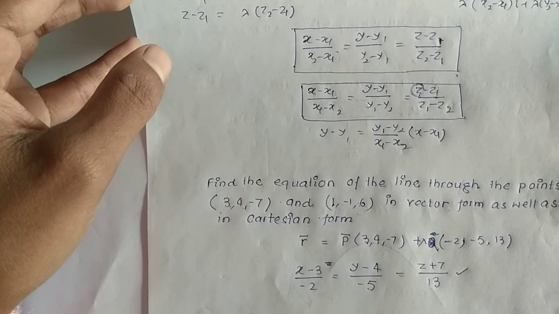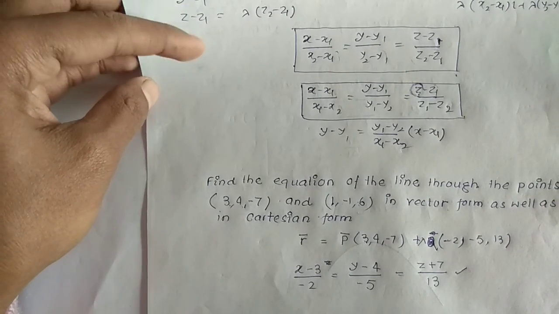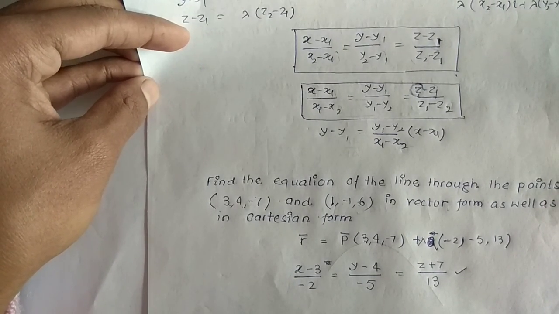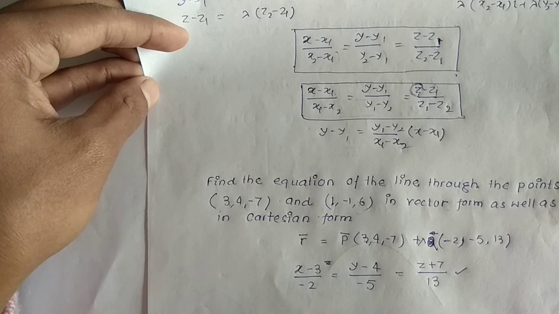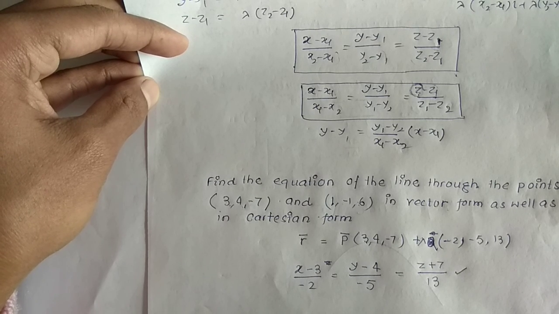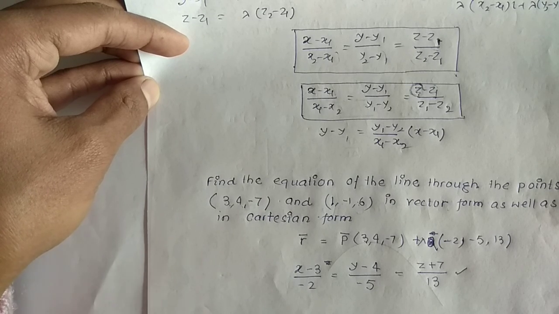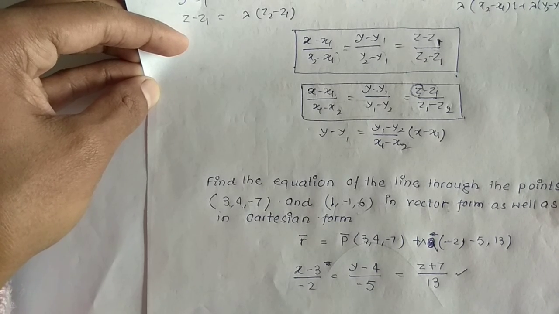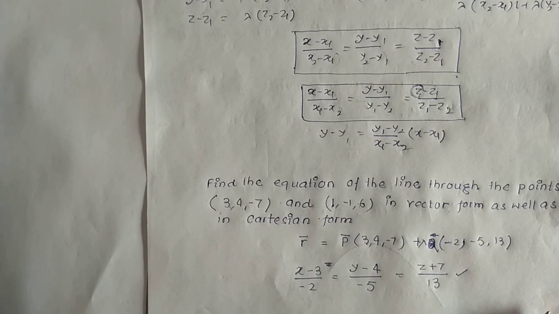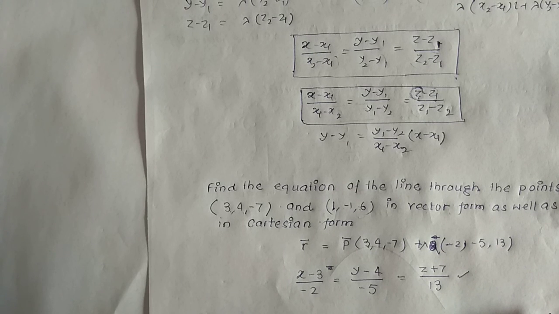In the next lecture we will discuss the equation of plane and some other mixed examples like plane and line. Thank you. For more clarity, see the lecture order. Thank you.